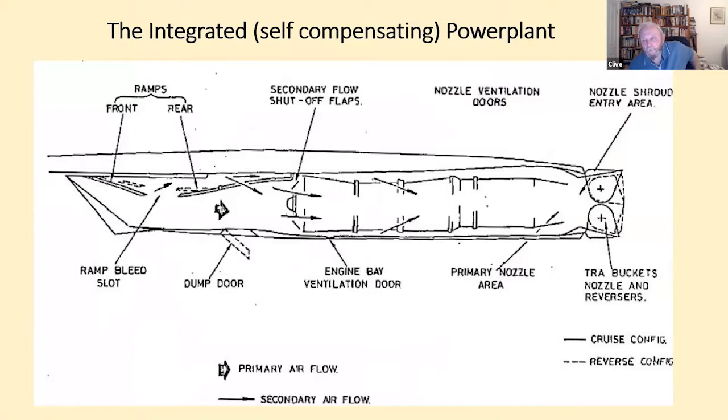The result is something which is actually quite interesting, and I think quite neat. You get a power plant which is actually self-compensating. Normally, we have an engine flow and a bleed flow. The bleed flow is used to cool the engine bay.